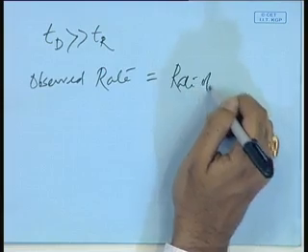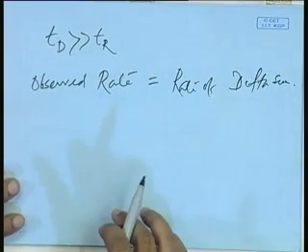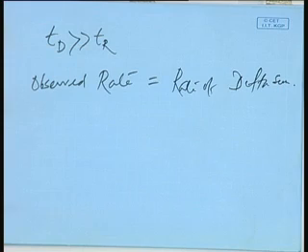What would be the rate limiting step? In the first case, reaction was the rate limiting step. So, in the other asymptote, there are two things, diffusion and reaction. If diffusion is much slower than reaction, then of course diffusion is the rate limiting step. So, observed rate would be equal to the rate of diffusion in this case. Okay.